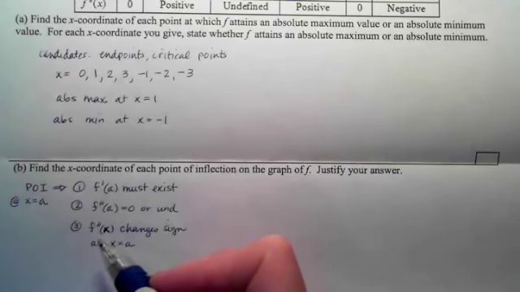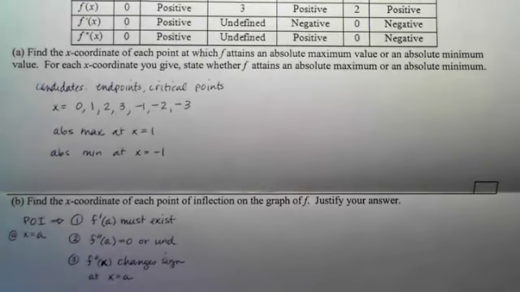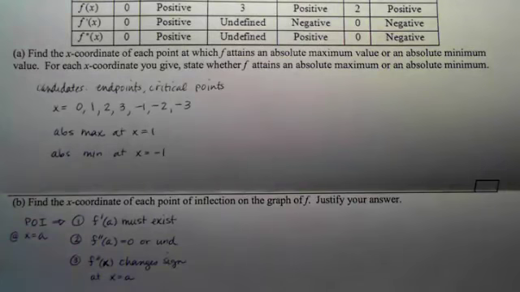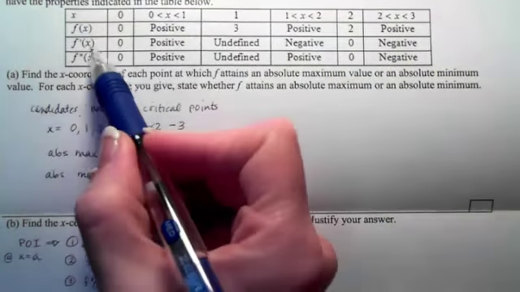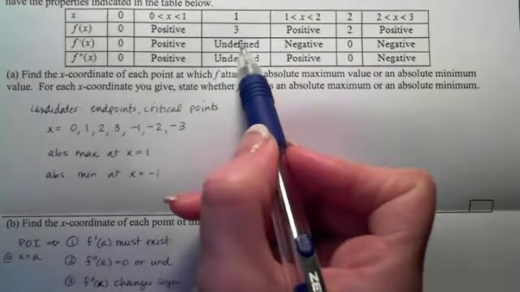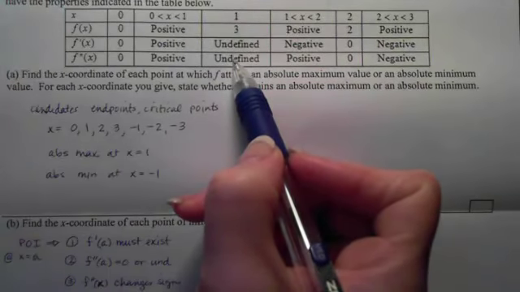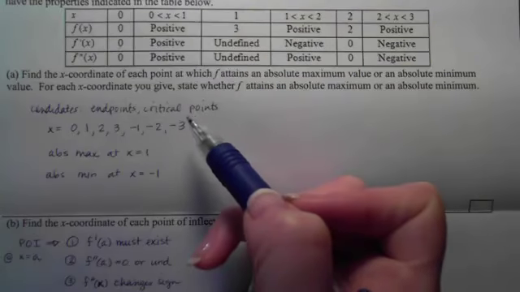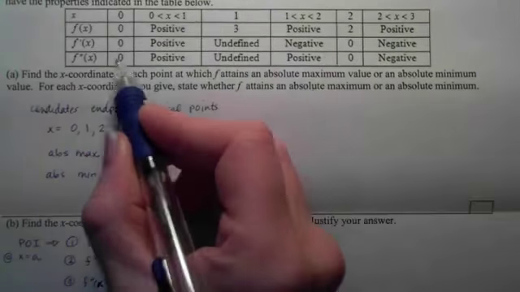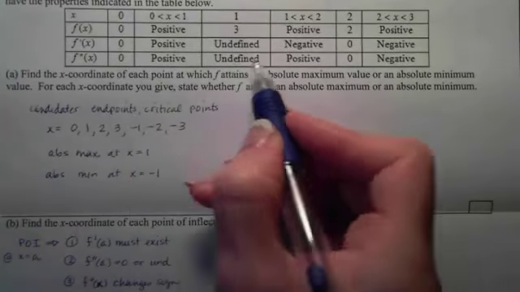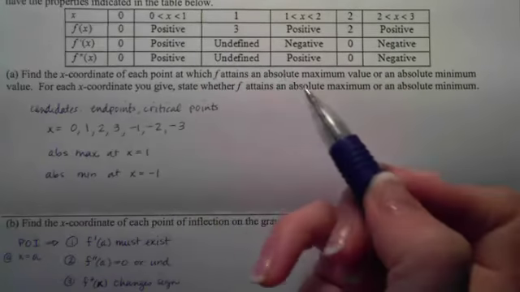So we'll look at it on the table first, and then we'll look at it on the graph, and we'll see that we get the same information either way. Okay, so on the table, f prime existing means f prime can't be here. So that means 1 is not a candidate for an inflection point. F double prime being 0 or undefined would say we can use 0 or 1 or 2, but because we didn't have the first derivative defined here, that's not in the running.